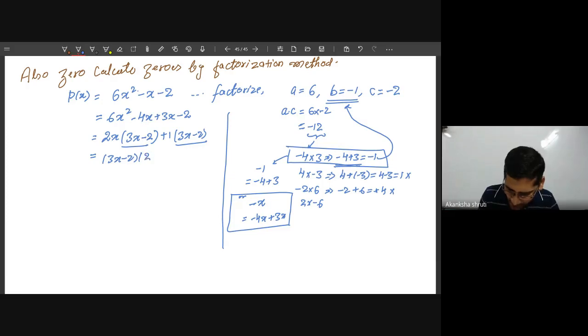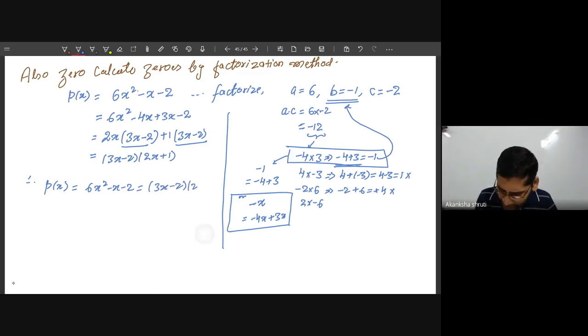Whatever is left is 2x plus 1. So students, what we obtain is this polynomial p(x) is 6x square minus x minus 2, which is the same as 3x minus 2 and 2x plus 1. Students, this we have obtained by the factorization method.